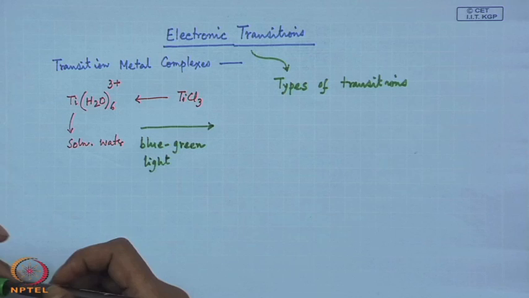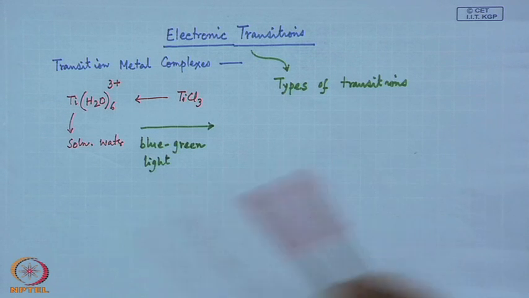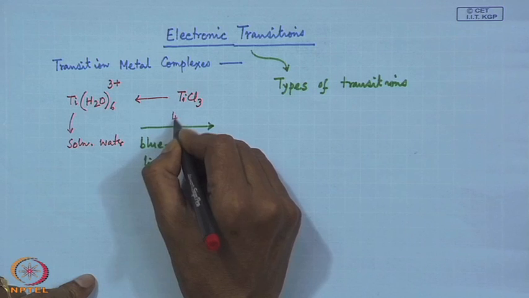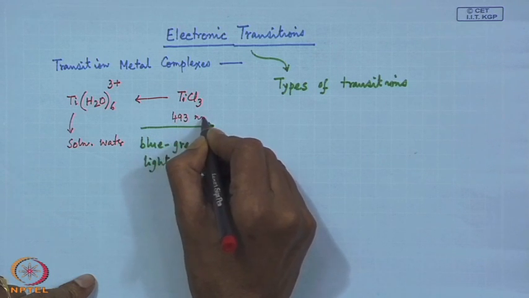the electronic transition will take place at that particular point at 493 nanometer.